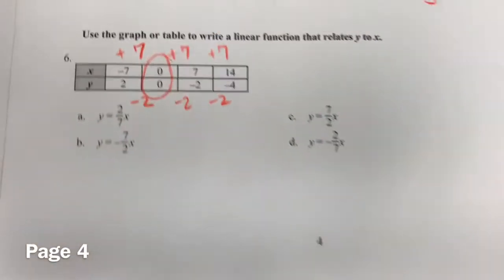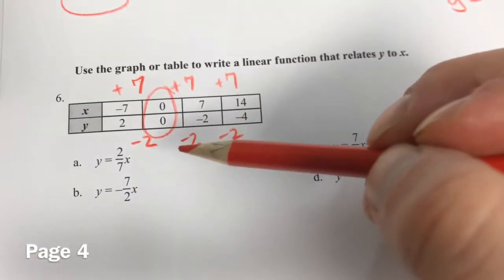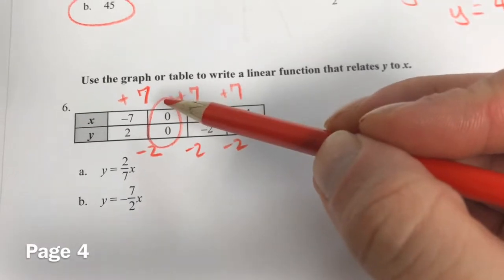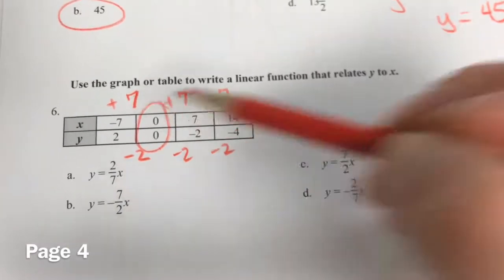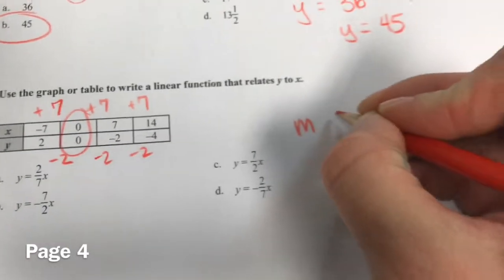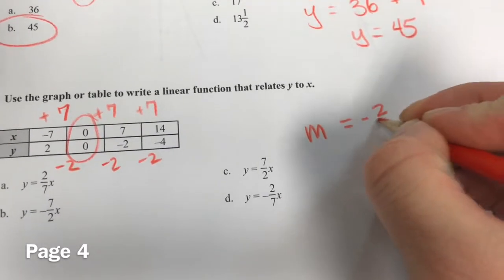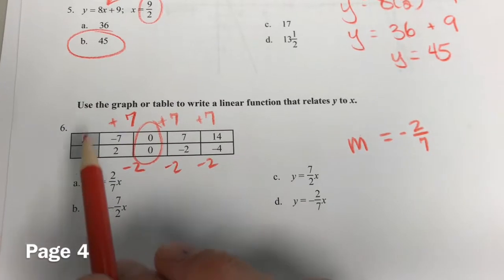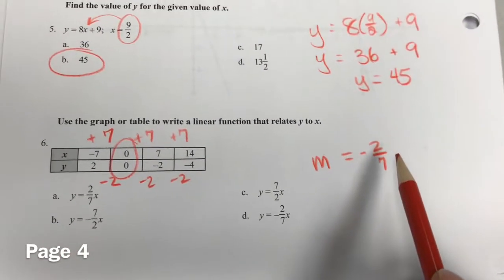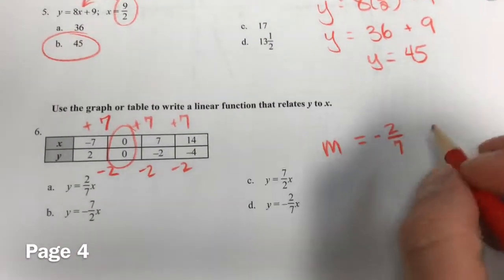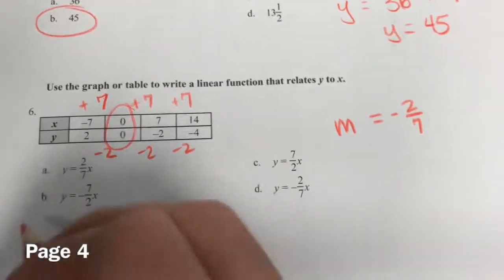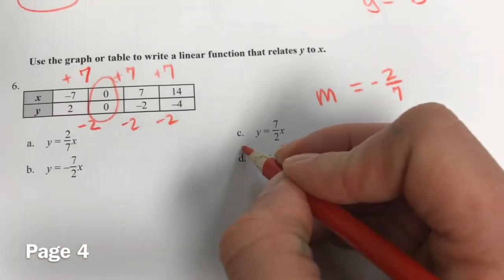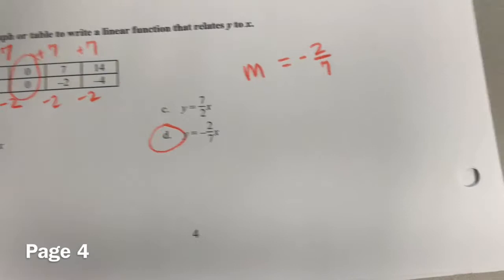Since slope is rise over run, we're going to view this as y over x. So my slope is going to be -2 over 7. Again, slope is rise over run, so y's over x, -2 over 7. So if my slope is -2 over 7, I need the one that's -2 over 7, which is that guy right there.